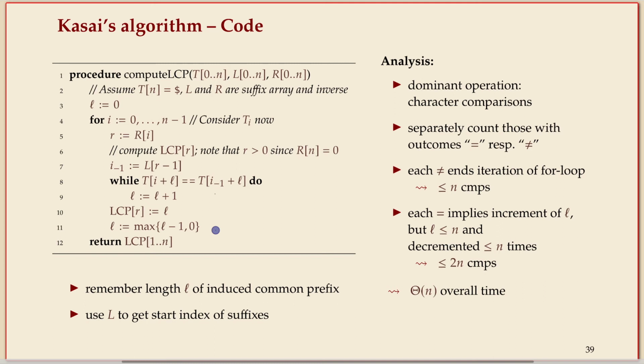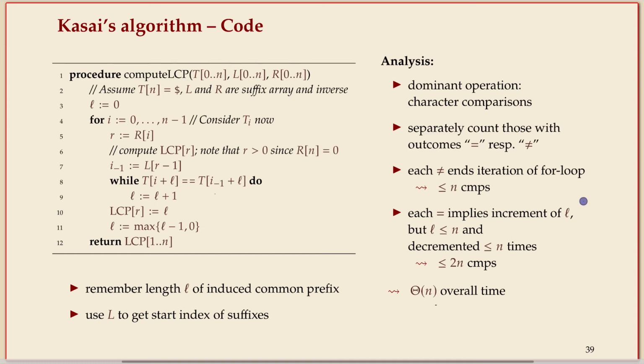So it's never decremented more than n times. So the largest number of equal comparisons you could ever have is 2n, because you could go up to n and then be reduced down, but that's it. Okay, and that leads us to linear time overall.